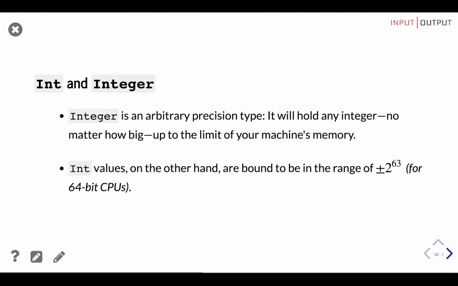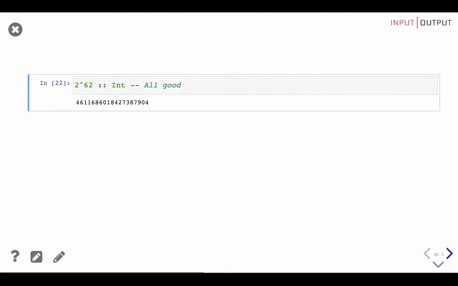Let's see these differences in an example. Here we have an expression, 2 to the power 62, and we say that this expression is of type, with a double colon, Int. So this expression is bounded to the limits of Int. Here we have no problem because the value resulting from evaluating this expression is smaller than the Int limit.